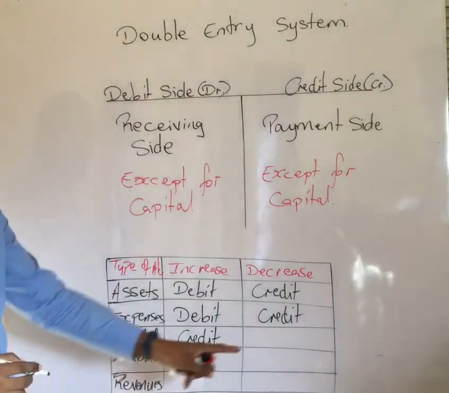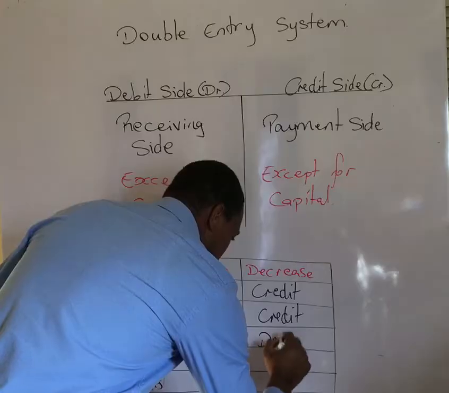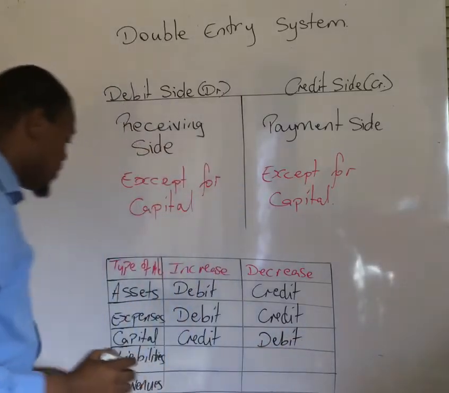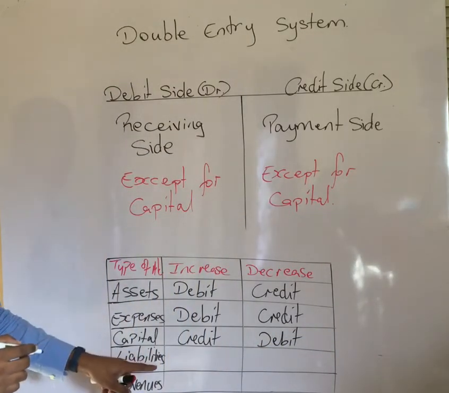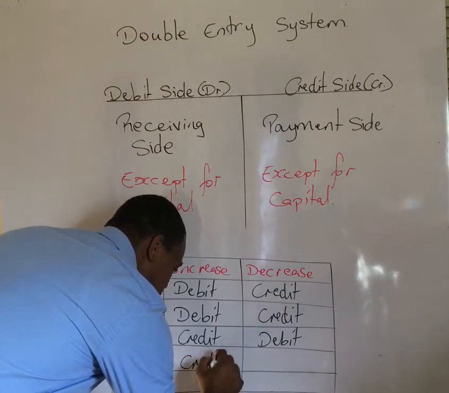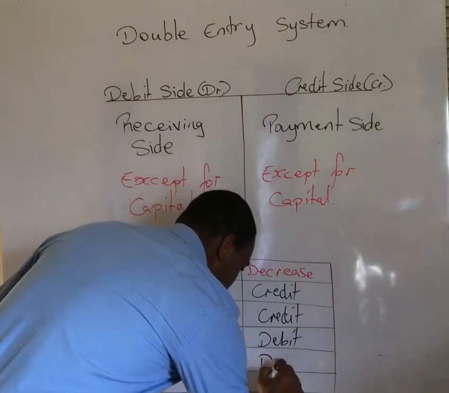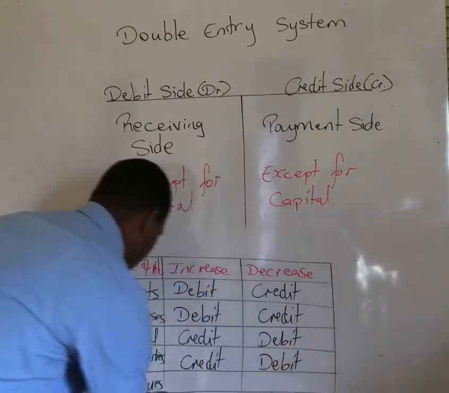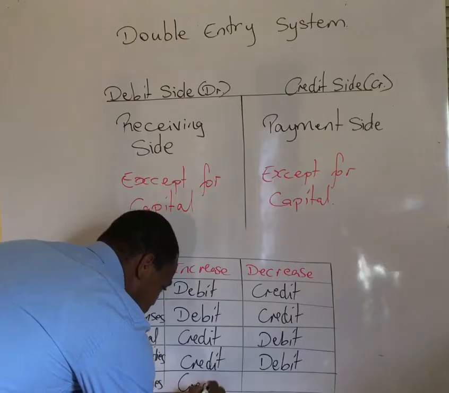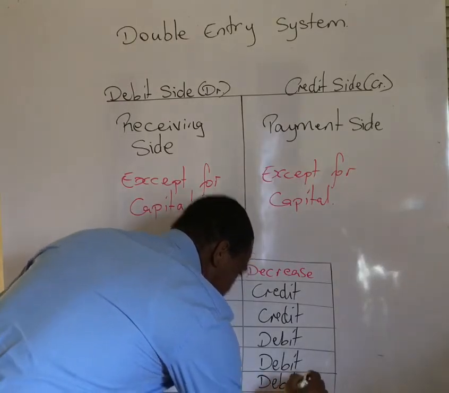If there is a decrease in the capital account, we would debit. So do you see the difference already? Liabilities account, if there's an increase, you credit. If there's a decrease, you would debit. And the same for revenue. If there's an increase, you credit, and if there's a decrease, you would debit.